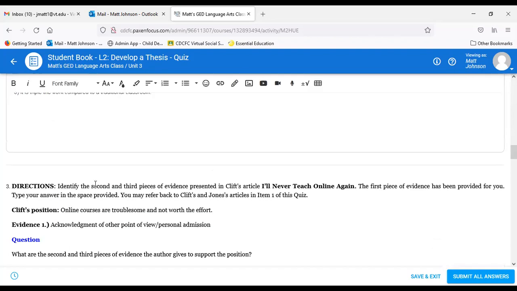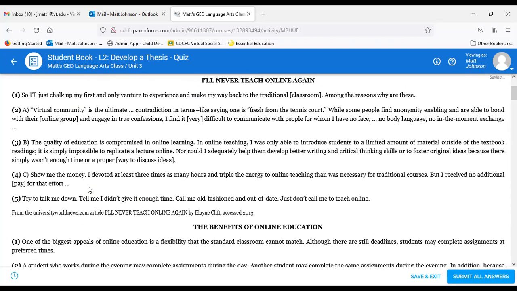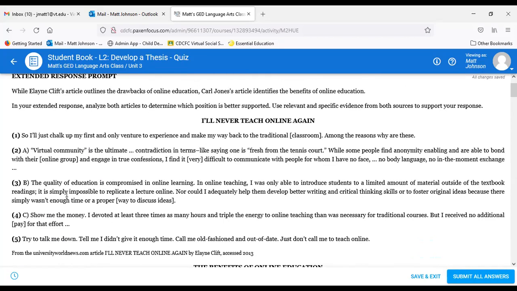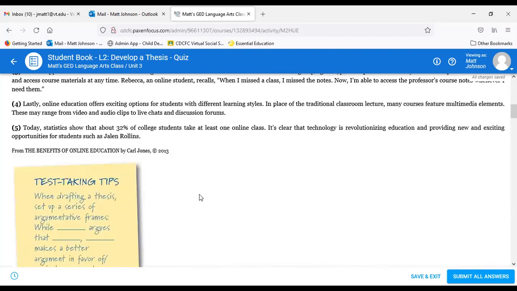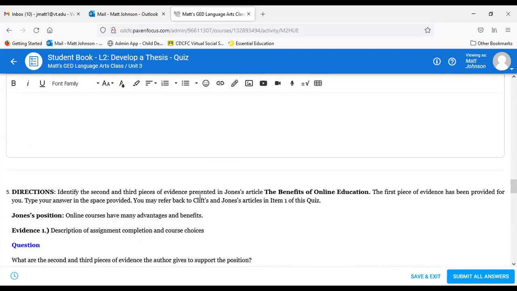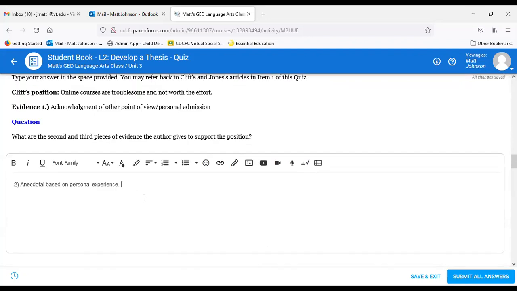And then we'll put a little brief in here about could help them develop better writing and critical thinking skills. Well, I'm going to go too far.